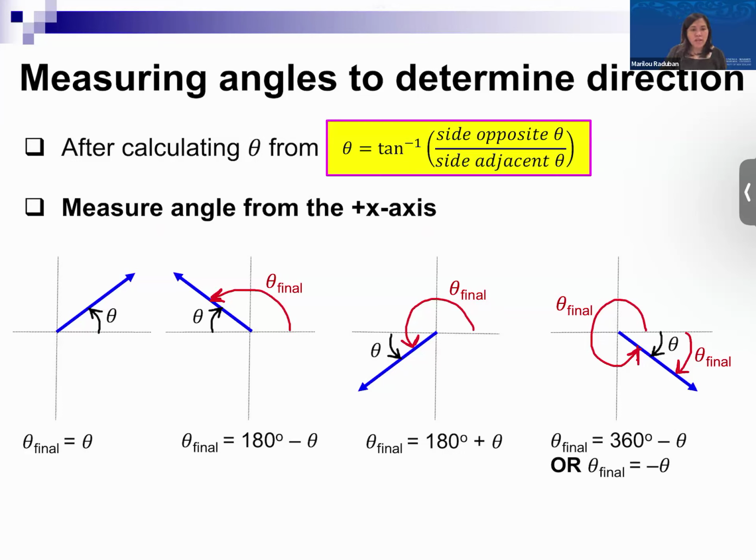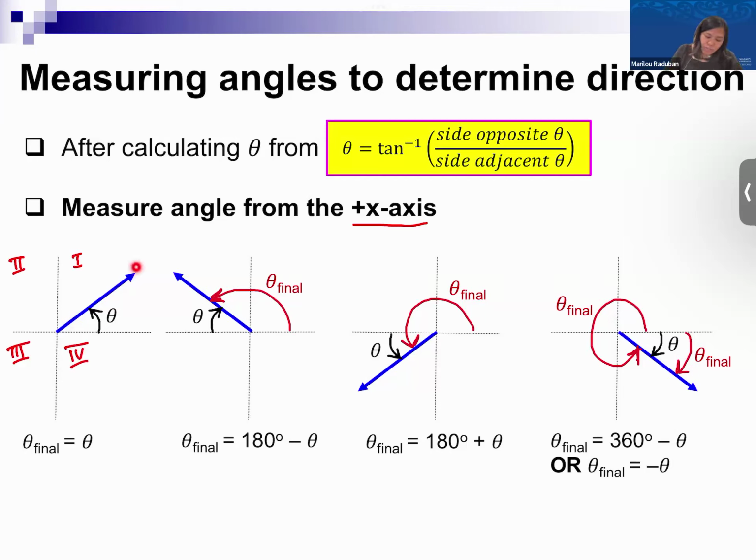So the last check you need to do is to see whether the angle you've calculated is being measured from the positive x-axis. You're probably familiar that the mathematical space can be divided into 4 quadrants. So this is the first quadrant, second quadrant, third, and fourth quadrant, right?